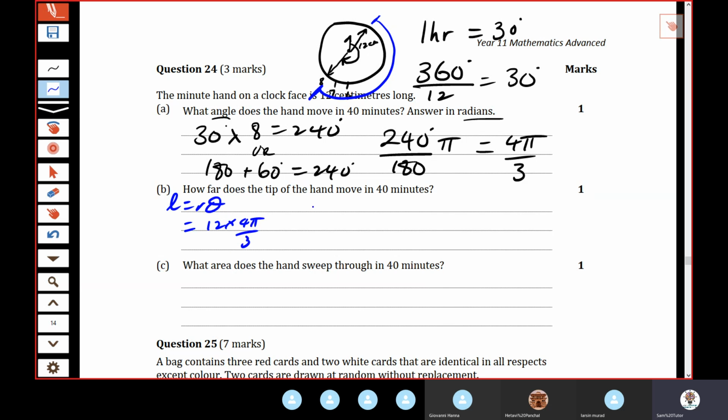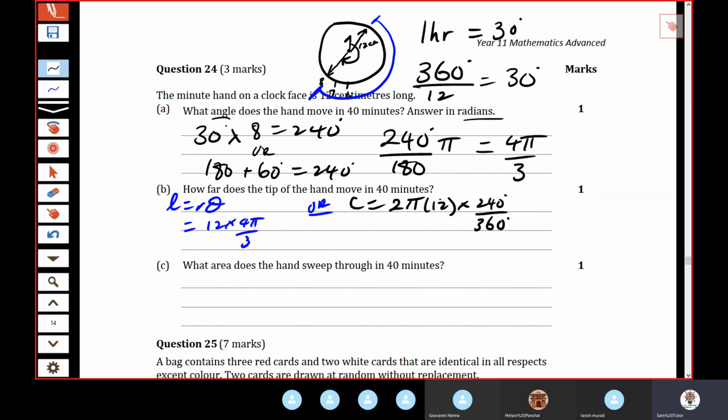You've either memorized that, or if you haven't memorized and you don't want to memorize new formulas, which I personally don't, I just use circumference equals 2 pi r. 2 pi r is 12, times theta on 360. So it's really up to you. You got to make a decision. You're gonna learn new formulas, great, that's a decision you make.